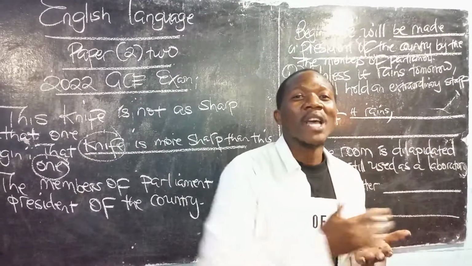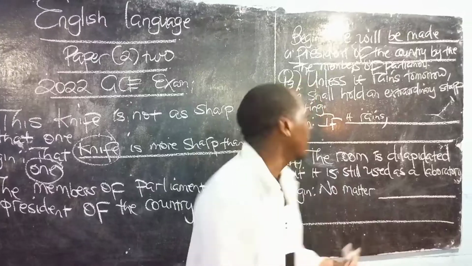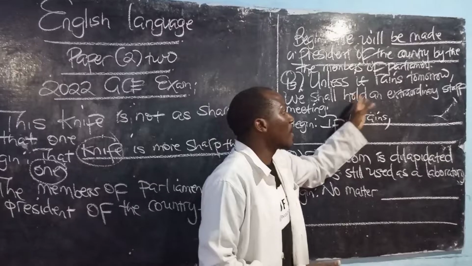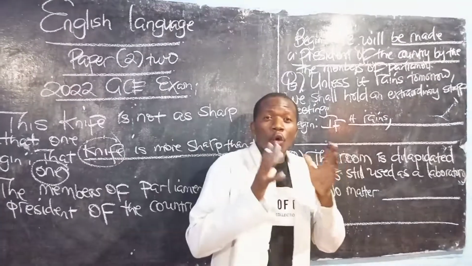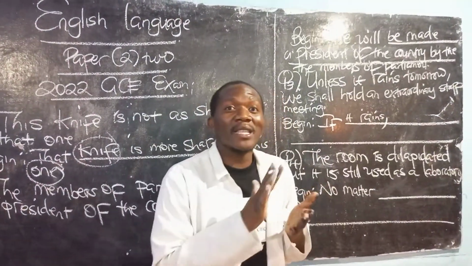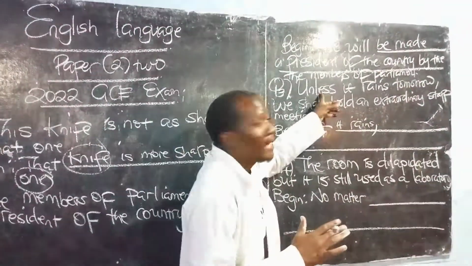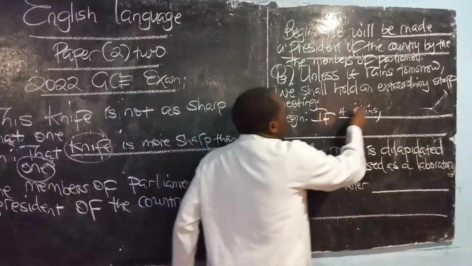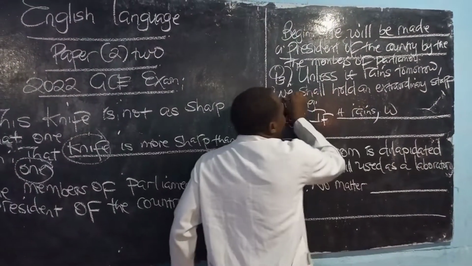With that in mind, we're now going to bring in the negativity. If it rains, we shall not hold an extraordinary staff meeting. This will only be held if it doesn't rain, whereas unless was being able to be interchanged. So I'm going to say if it rains, we shall maintain the same words.